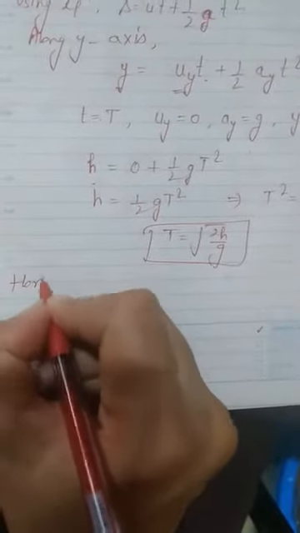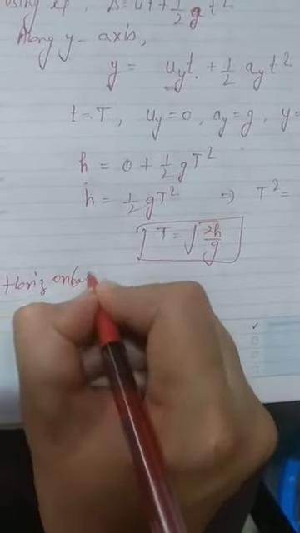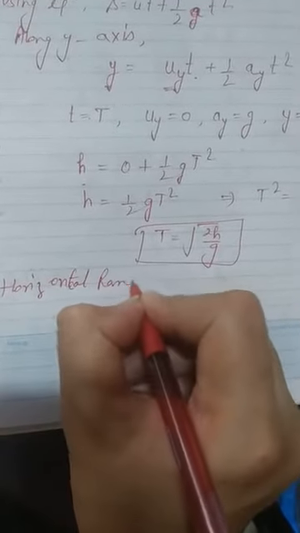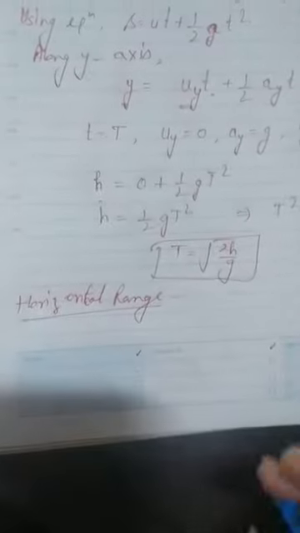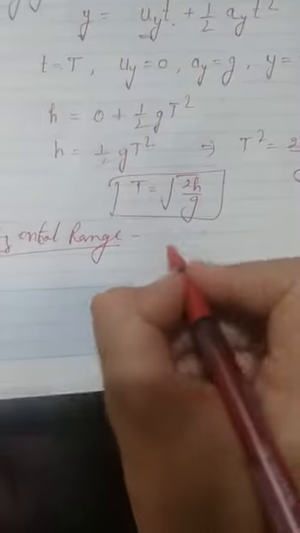Next our term, horizontal component, that is the horizontal range. Horizontal range is the maximum horizontal distance covered during the projection.